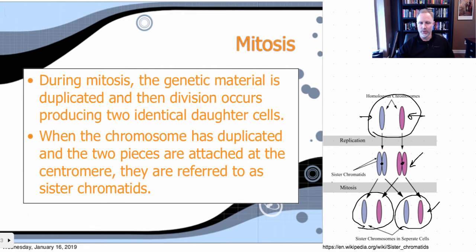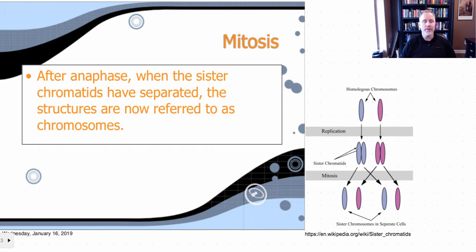And then once they go through the cell division, then they become these homologous chromosomes again. So these sister chromatids are going to separate from one another and give the chromosomes in the new cells. Okay, so after anaphase, that's where these chromosomes start to separate out from one another, and we'll go through that shortly.